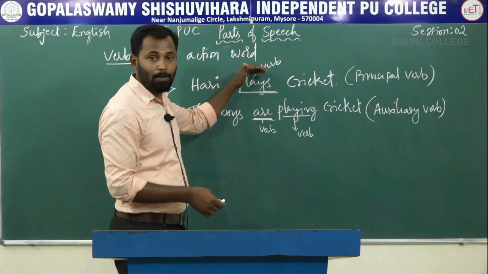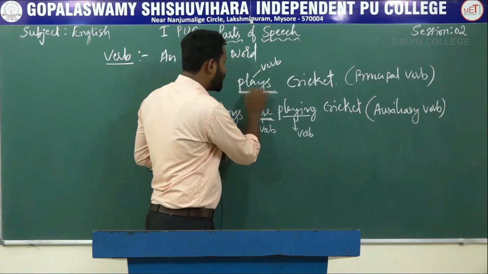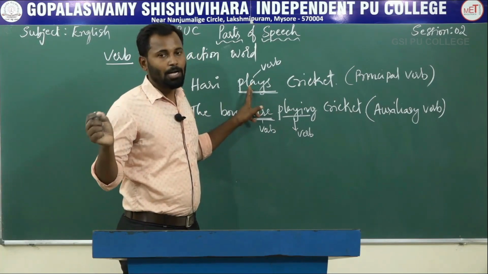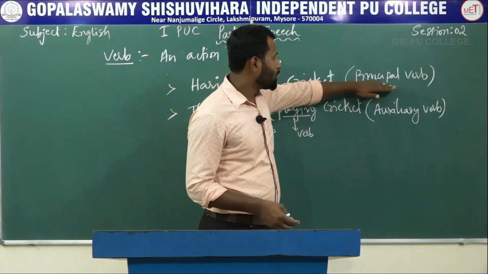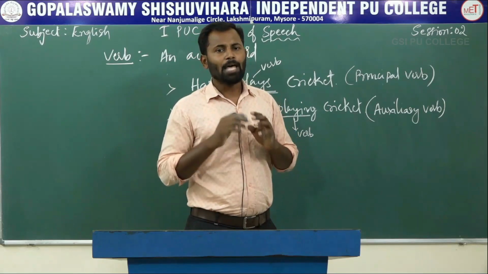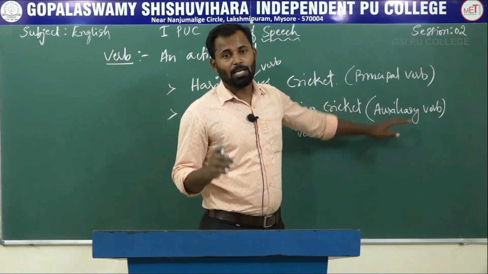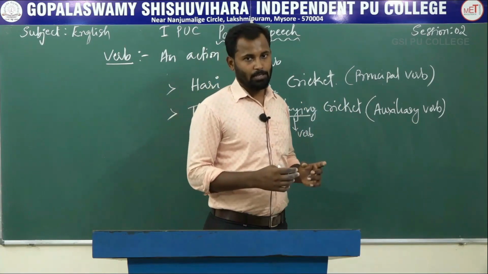But whereas in the first sentence, the verb play does not take the help of any other verb to complete the action. So now I hope you have understood a principal verb occurs within a sentence and completes the action on its own, but whereas the auxiliary verb, it always takes the help of another verb to complete the action in a sentence.